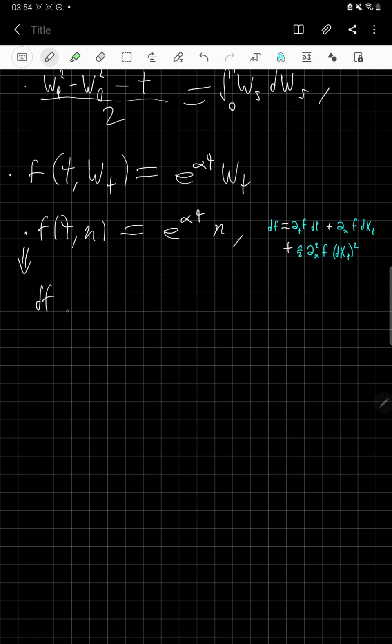This is going to imply df is going to be equal to... very hard differentiation.